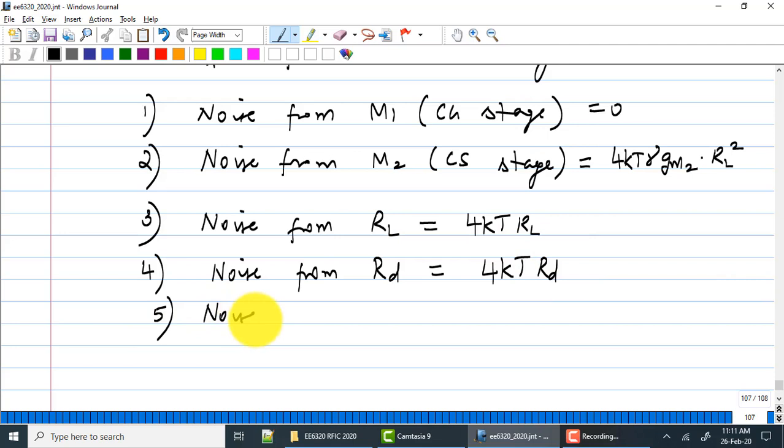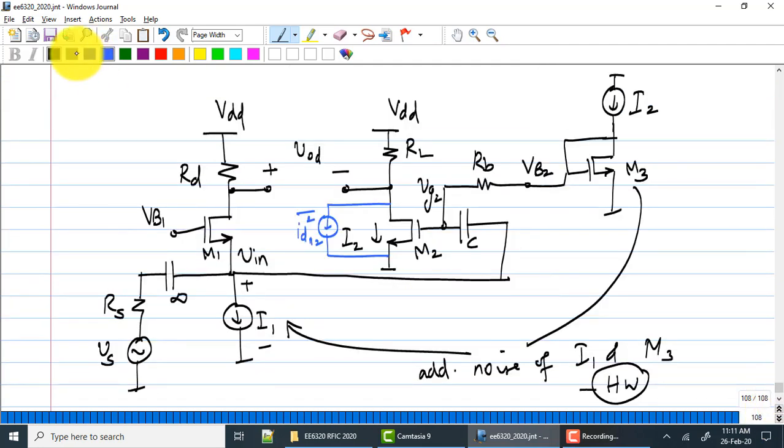What happens to noise from RS? Well, because this will take 2 paths, we will follow with the amplitude and then take the difference and then take the direction. Okay, so what happens to these two?